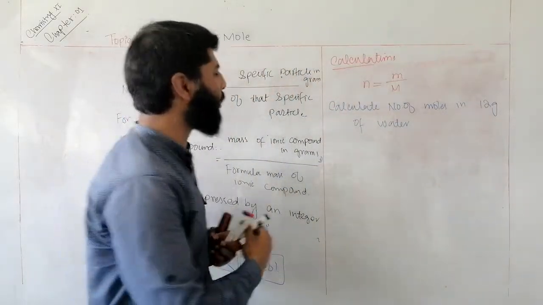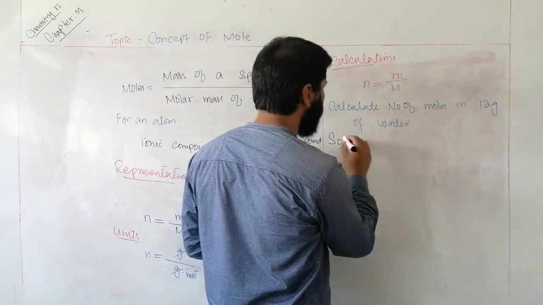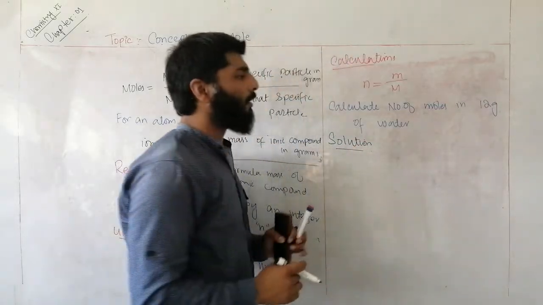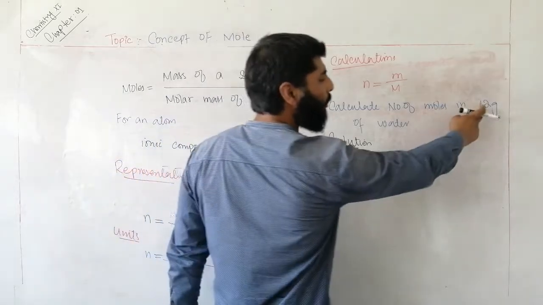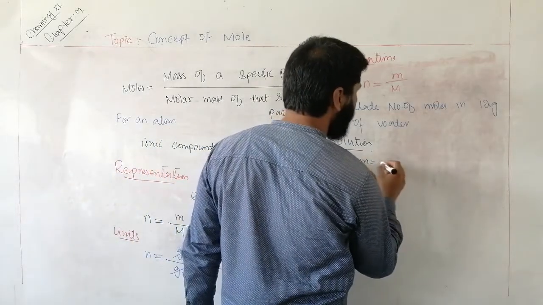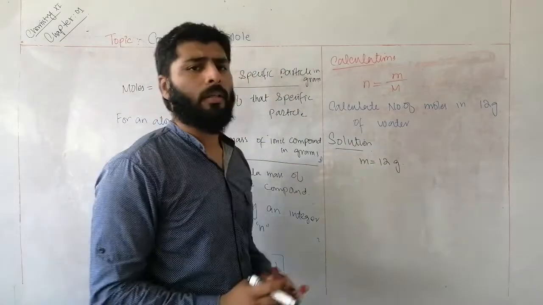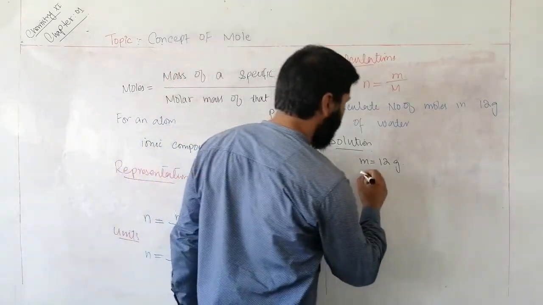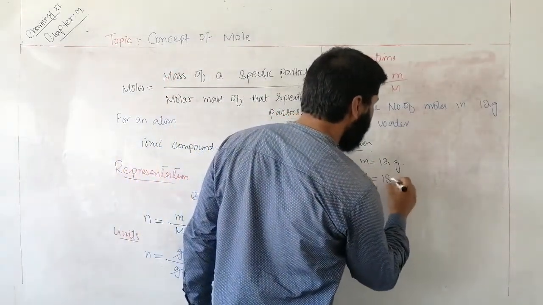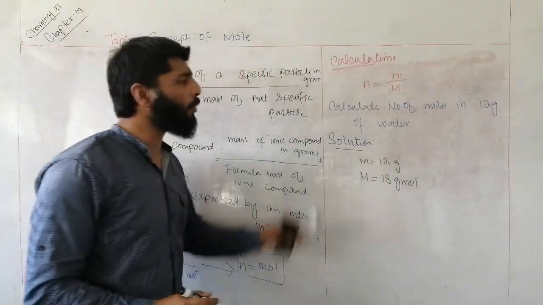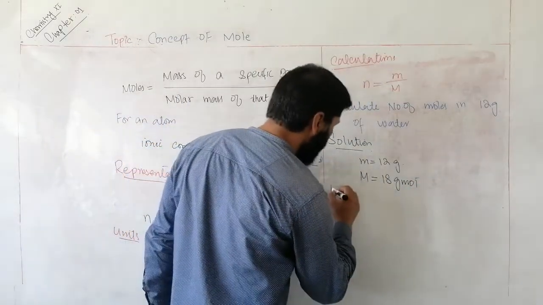In order to find the solution, you have data: mass m is equal to 12 grams. For water, molar mass, capital M, is equal to 18 grams per mole. Now you can use the formula.